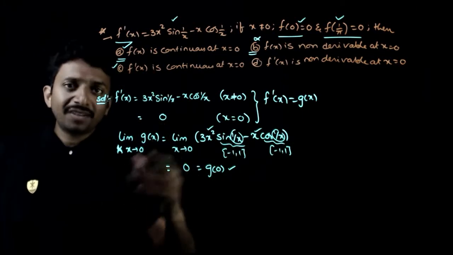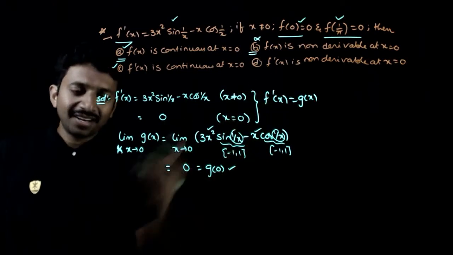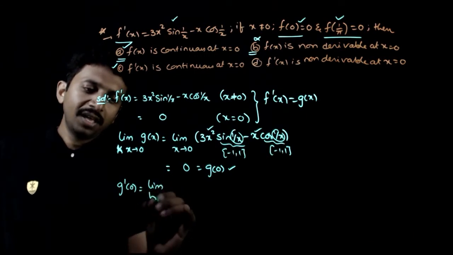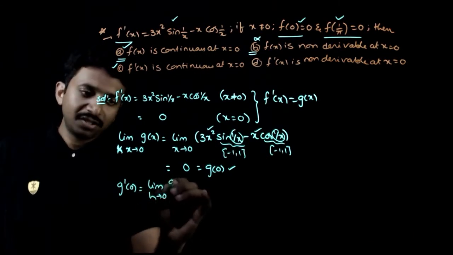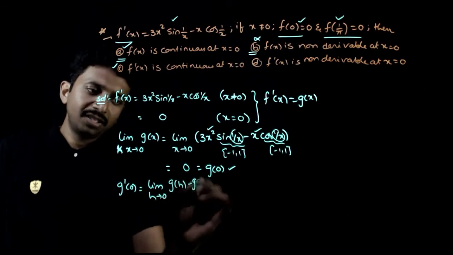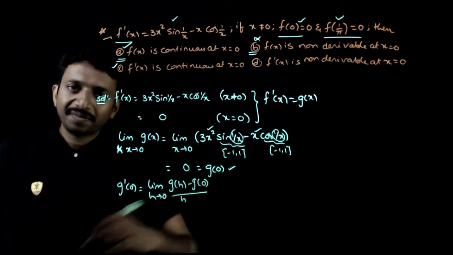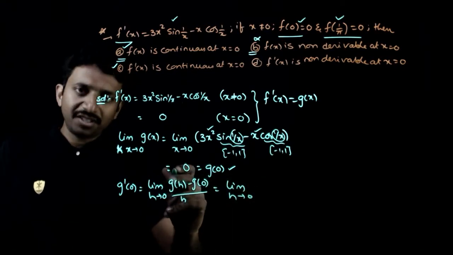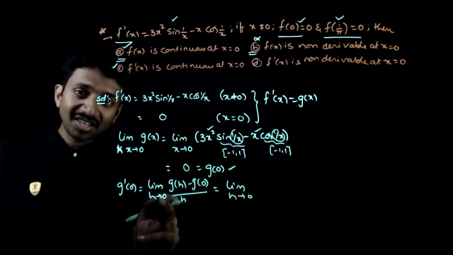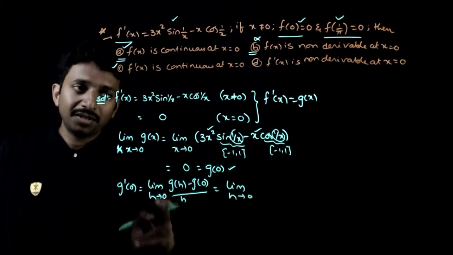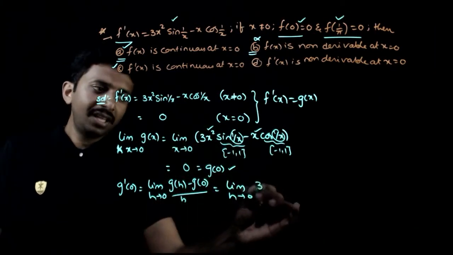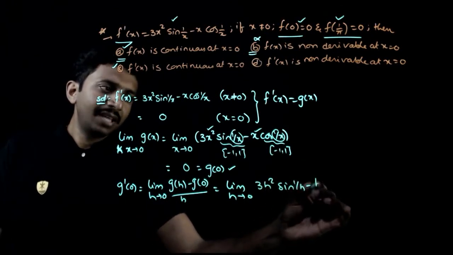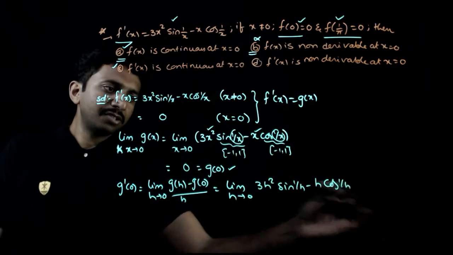Similarly, we have to analyze the differentiation of g of x. So what is g dash of 0? g dash of 0 is equal to the limit as h tends to 0 of (g of h minus g of 0) by h. g of h is nothing but f dash of h. As h tends to 0, meaning h is not equal to 0, we take this function: 3h square sin 1 by h minus h cos 1 by h.